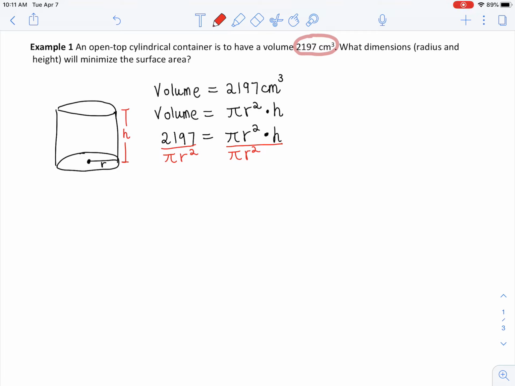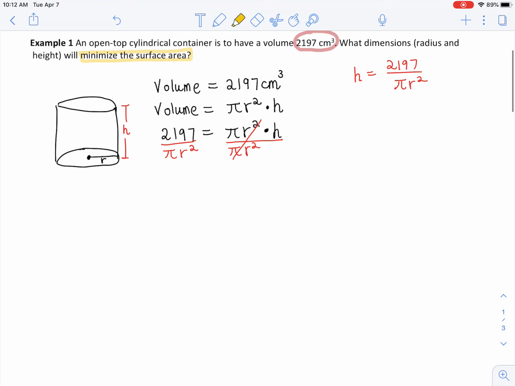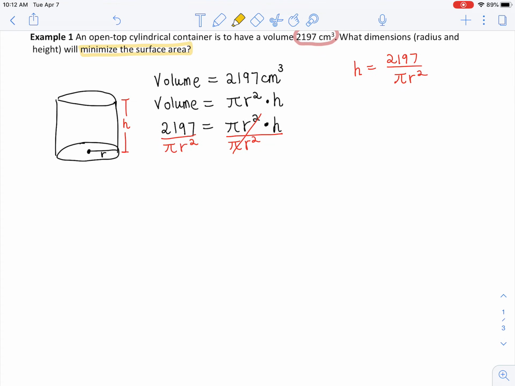I can divide both sides by pi r squared. This will just cancel out, right? We get that height is equal to 2197 divided by pi r squared. So we wrote height in terms of radius, and we'll use that when we write the surface area.